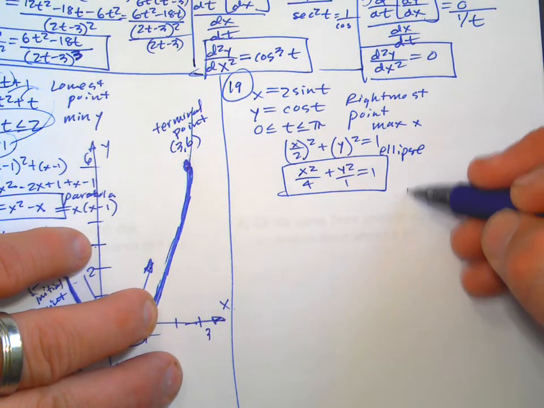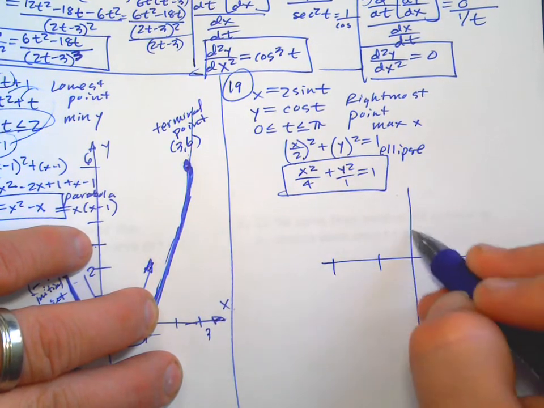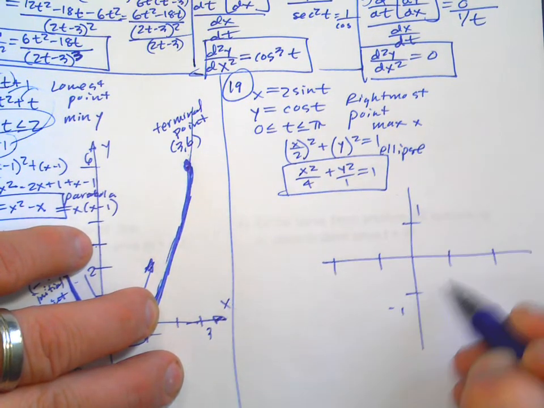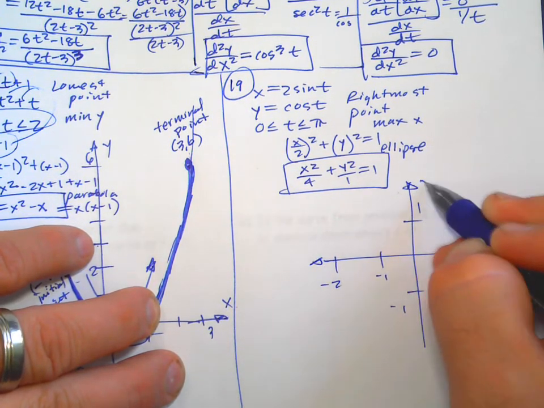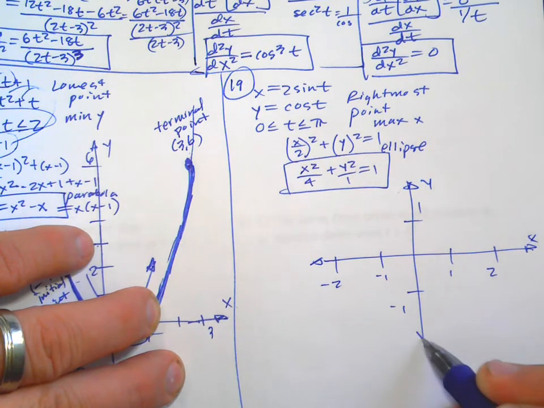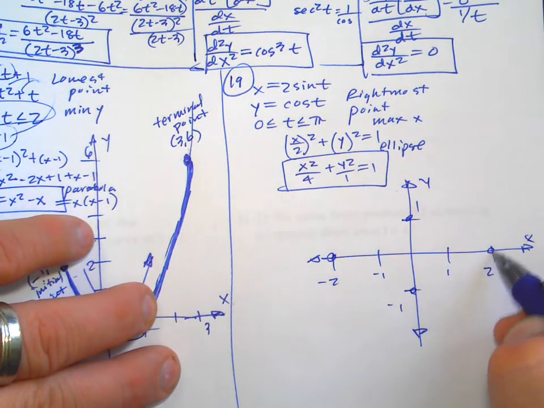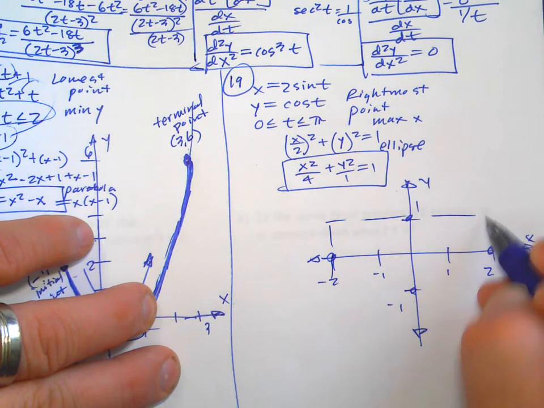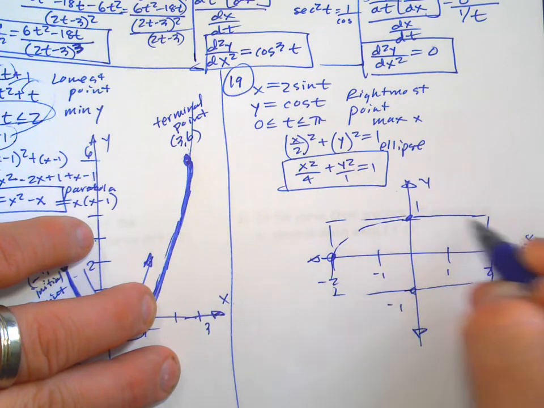It's going to be bigger left and right. Draw a box to fit the ellipse in.